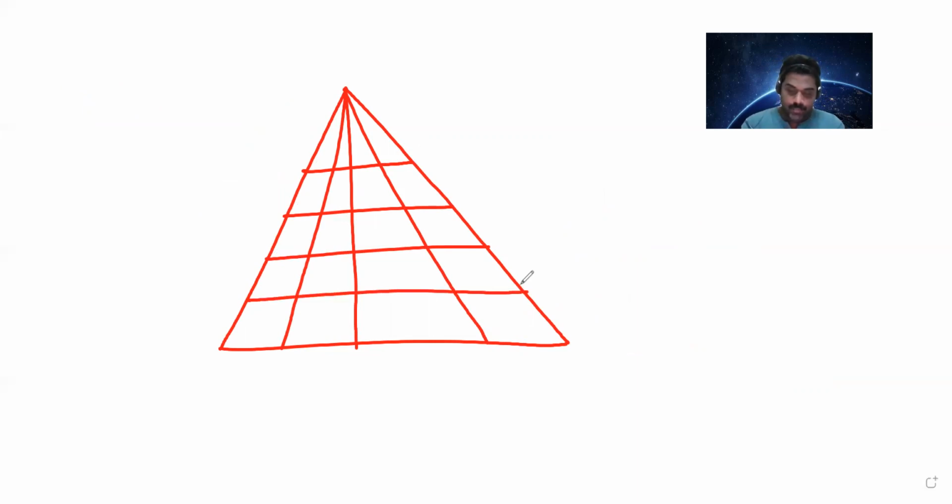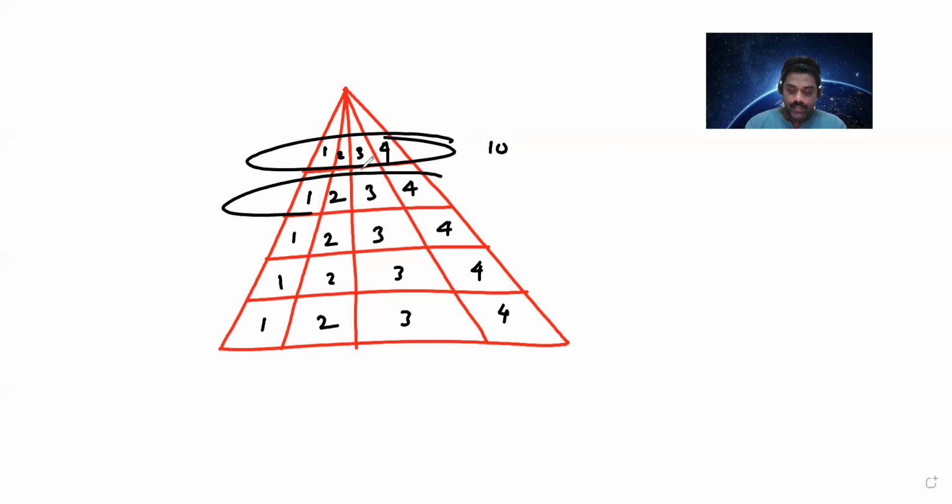Now, if you observe the number of cuts, 1, 2, 3, 4, in each layer. So in the first layer, you have 10 triangles. Second layer, 10, like that 10, 10, and another 10. So total number of triangles would be 50.